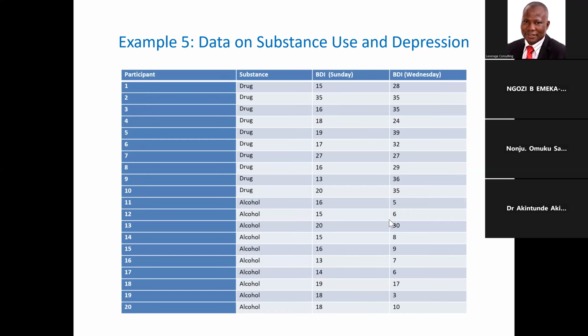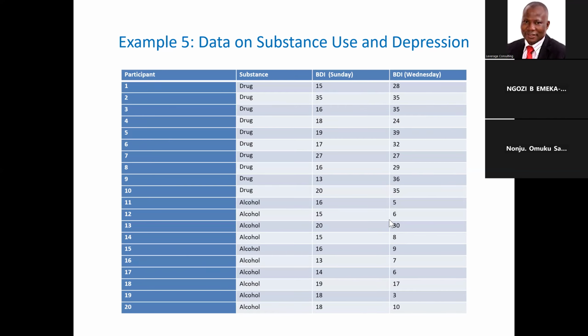You can as well take all of them as one group together, who take substance. Or, mind you, we have each of the 2 groups, drug and alcohol. For each of drug and alcohol, you can see the measurement on Sunday and the measurement on Wednesday, and compare. The same thing you do for alcohol. For substance use, what is the score on Sunday?